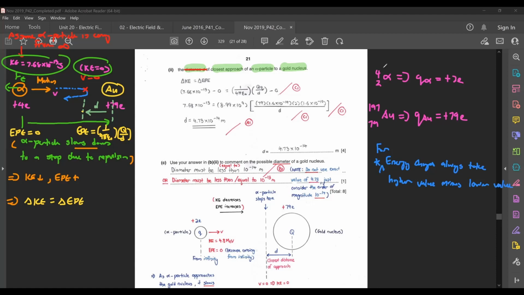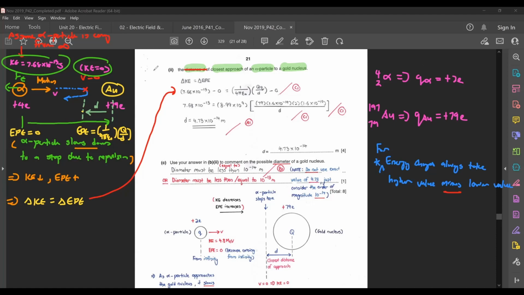Okay, always just take the higher value minus of the lower value. So when it comes to the change in KE right now, the drop in KE, the higher value is actually this one. The lower value is actually the 0 there. Okay, so your equation thus becomes something like this. 7.66 times 10 power minus 13 minus 0.